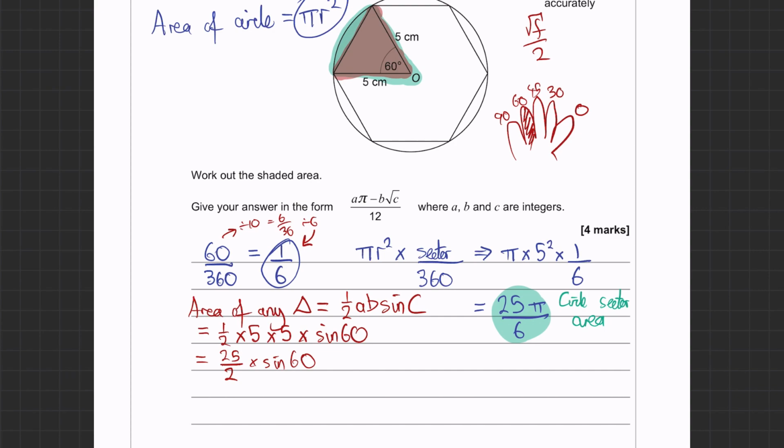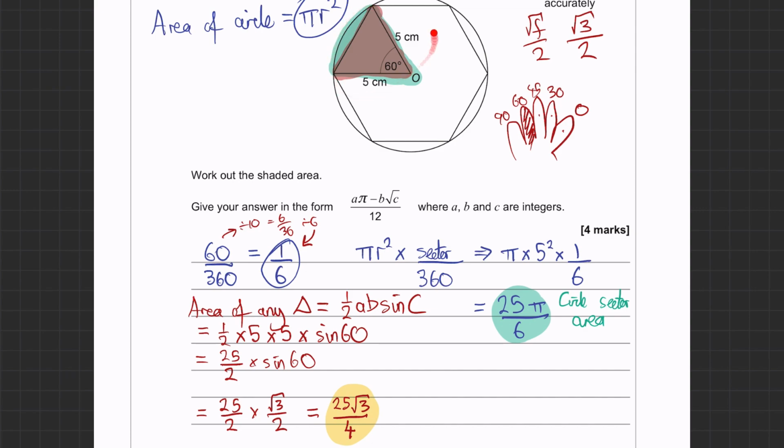Because it's 60 degrees, we've got 1, 2, 3 fingers to the right, so root 3 over 2. So this will equal 25 over 2, lots of root 3 over 2. Multiply these fractions, so 25 times root 3 is 25 root 3, and 2 times 2 is 4. So we've now got the area of the triangle.